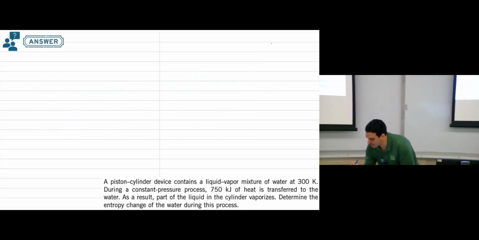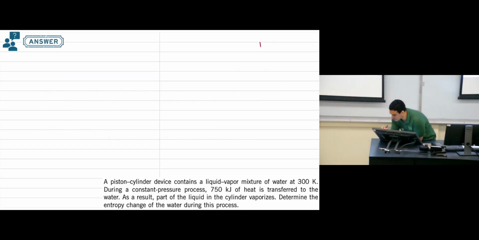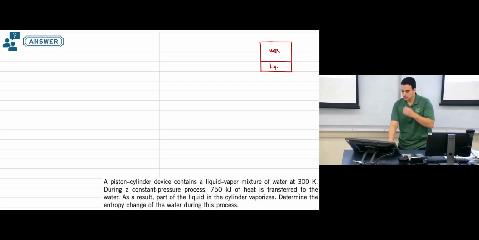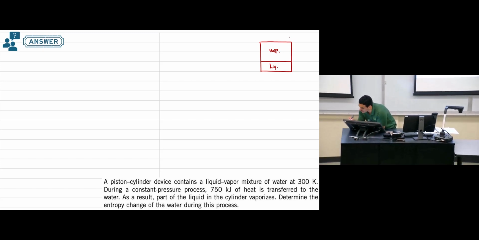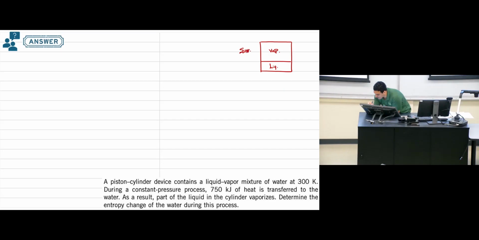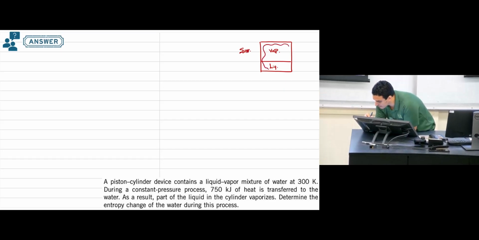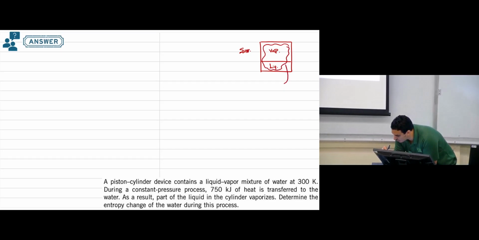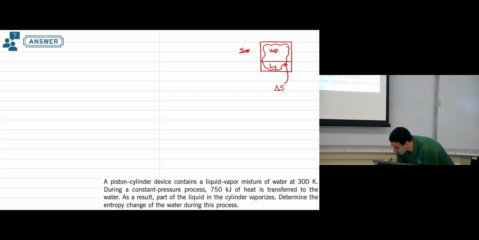So if we have this example, let's assume I have this piston cylinder, and here I have a liquid vapor mixture. So let's assume I have liquid and then I have vapor here, and this is the surrounding we have. So this water is my system, and we need to find the entropy change for the water, for my system.